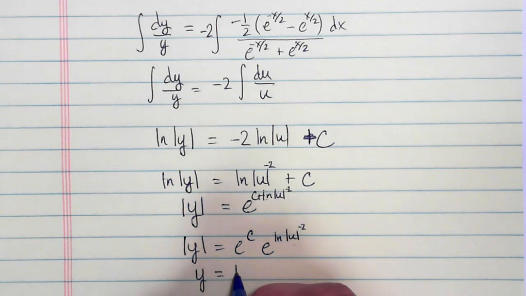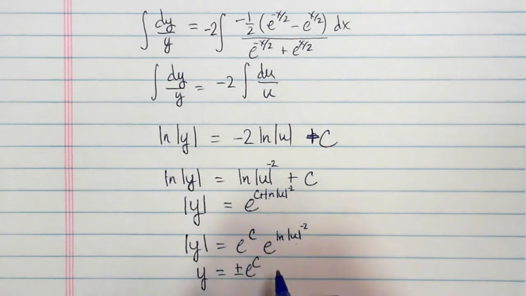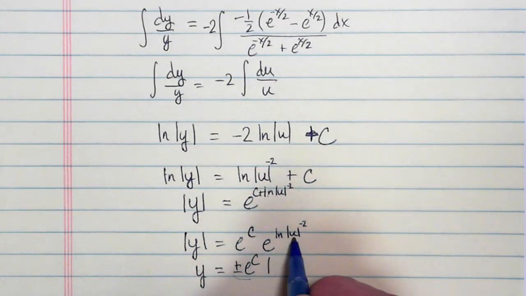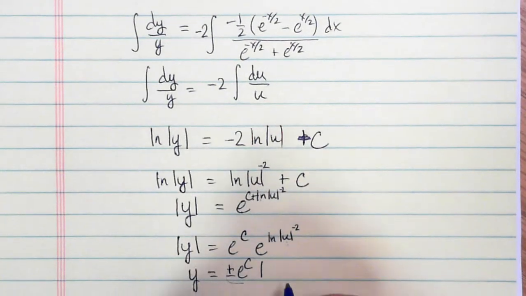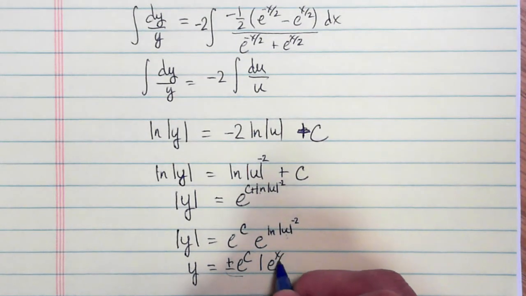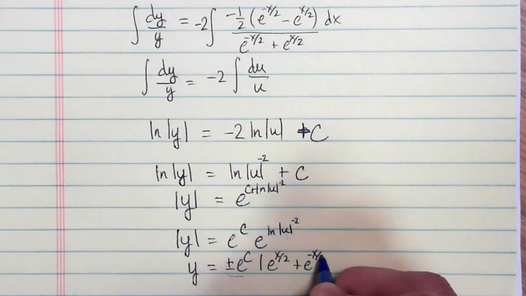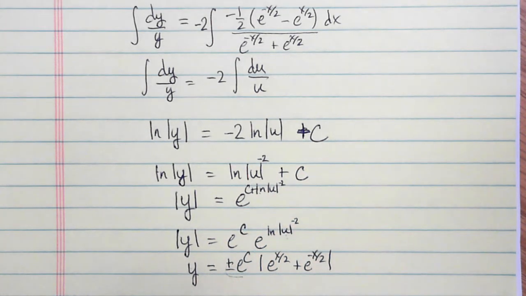So y is equal to plus or minus e to the c, which is going to be an undetermined constant, times absolute value of u. U was all the way up here equal to this. So I substitute back: e to the x over 2 plus e to the minus x over 2, to the negative 2 power.